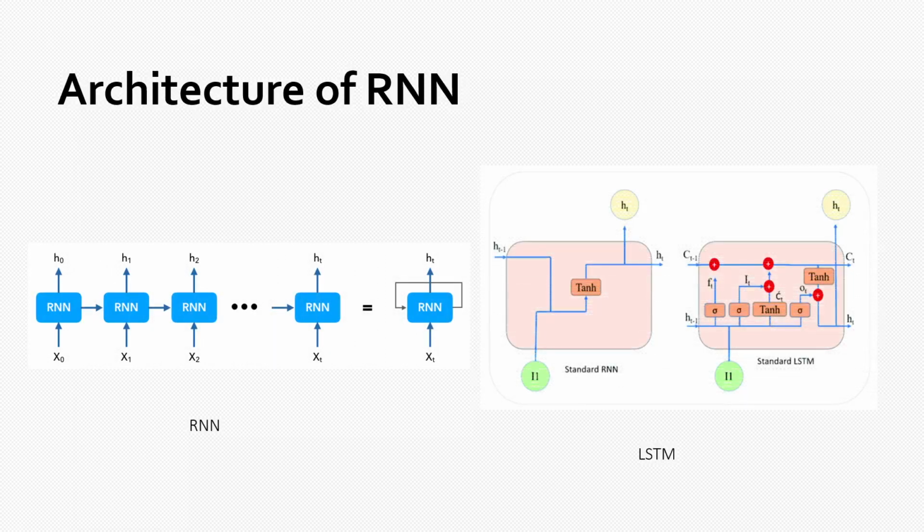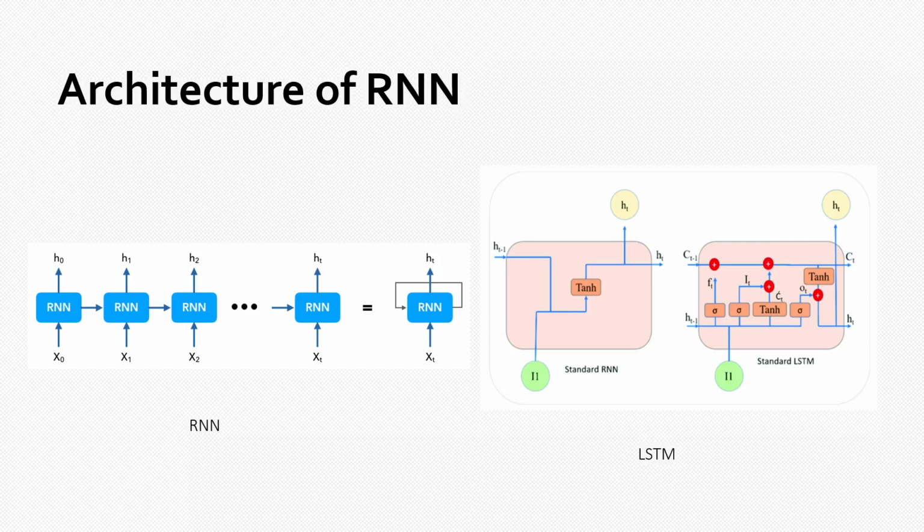So what does the architecture of RNN actually look like? I attached two pictures here. One is vanilla RNN, another is the extended version of RNN. Though RNN has numerous advantages, it also has a drawback: it cannot recall over a long time.